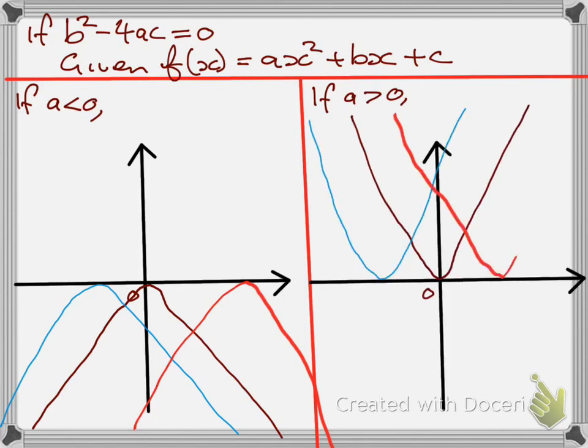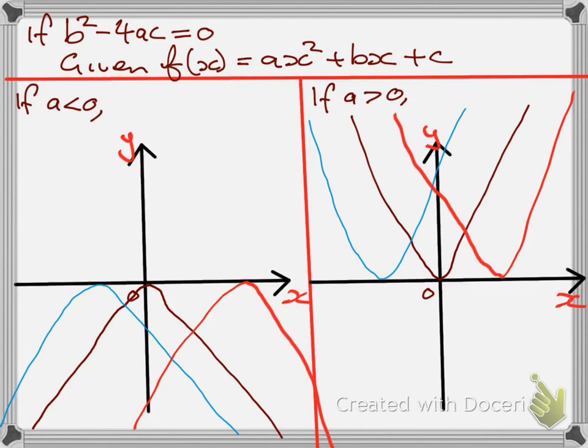If a is greater than 0, we have a local minimum point, and again the x-axis is tangent to the turning point. This is our x-axis and this is our y-axis. In both situations, the graph does not cut but touches the x-axis, because the x-axis is the tangent at the turning point.